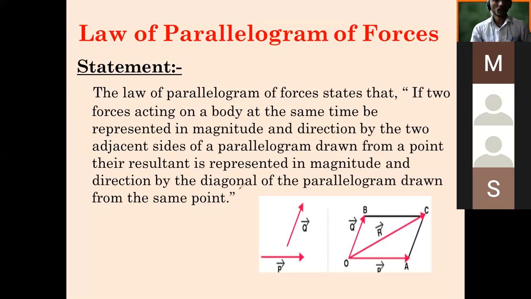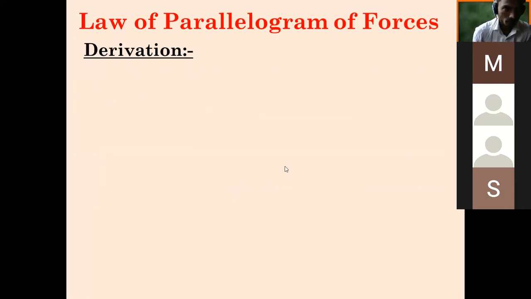Okay, now here we have to derive. Next one is very important. Because it is an analytical method, we have to find the formula for this parallelogram law of forces.